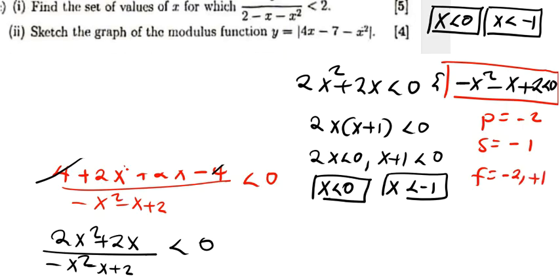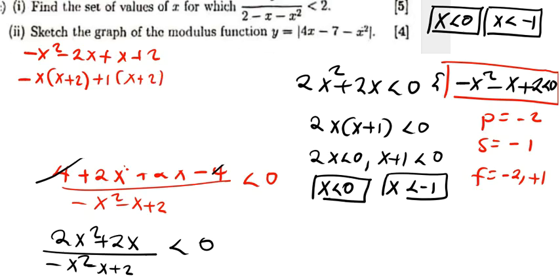So then I'll have negative x squared minus 2x plus x, then plus 2. I can factor out negative x here, I'll have x plus 2. I'll factor out 1 here, I'll have x plus 2.